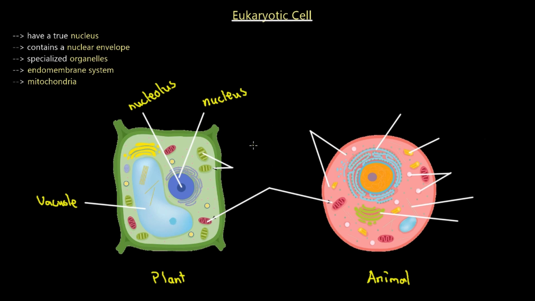However, in eukaryotic cells, this occurs through specialized organelles, specialized structures like the mitochondria. So these two structures here are mitochondria. And in plant cells, they also have these structures called chloroplasts.